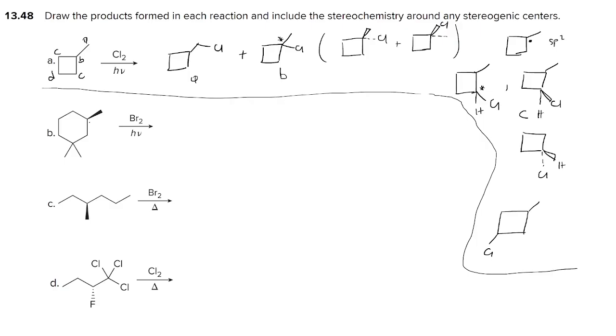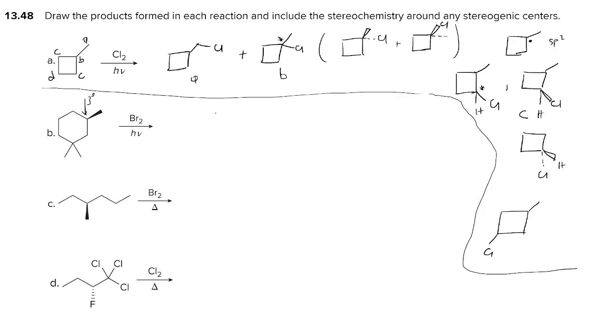If you have tertiary positions, the bromination will be exclusively at tertiary positions rather than secondary or primary positions.